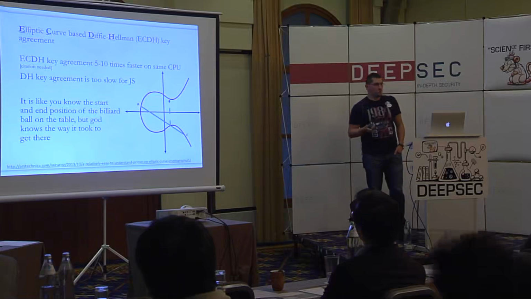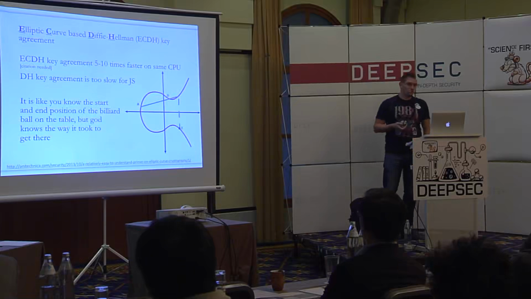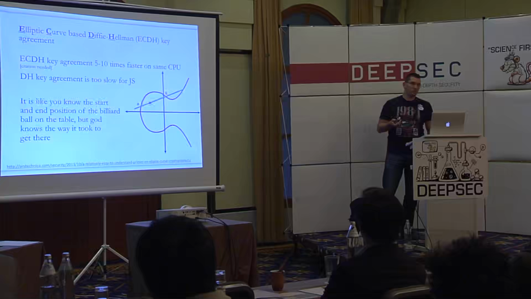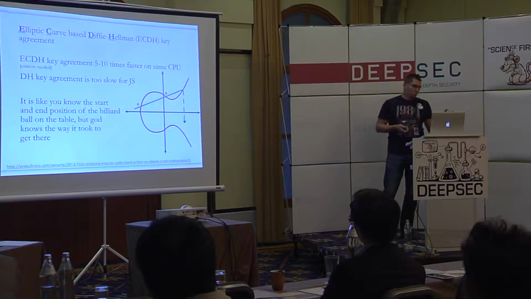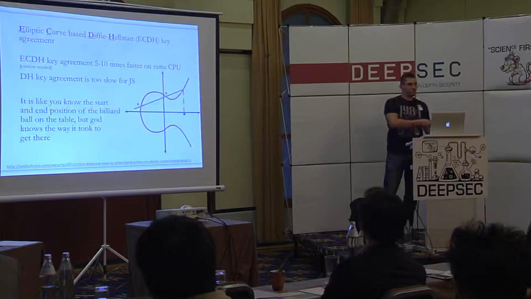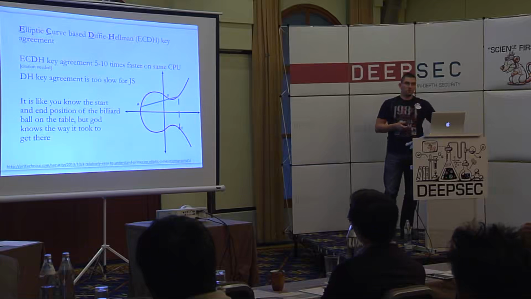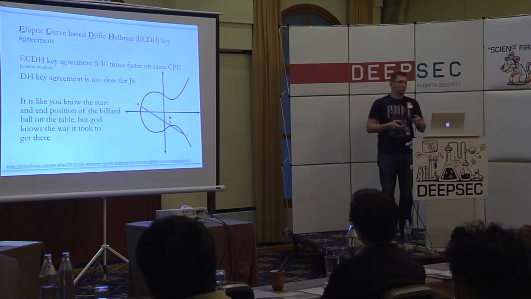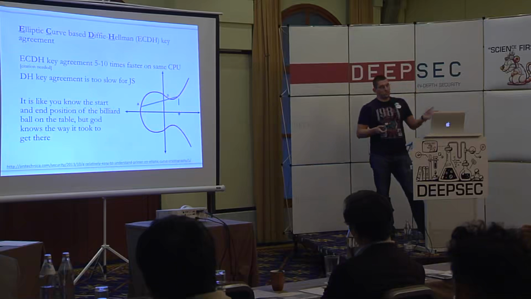It's very similar to a billiard ball on a billiard pool table. If you know that you start here and you use some amount of force in that direction, you can calculate where the ball will end up. But if you know the end position of the billiard ball, it is very hard to say that this ball got here with this amount of force this way. It's pretty hard.